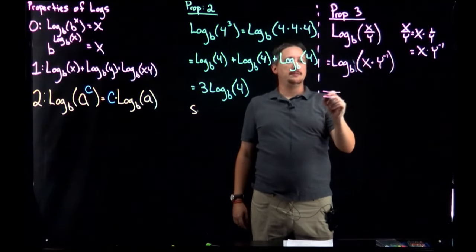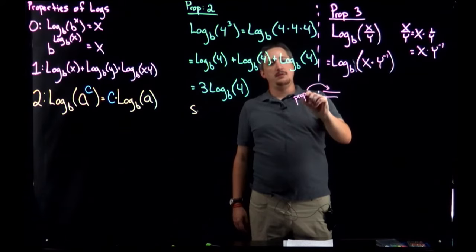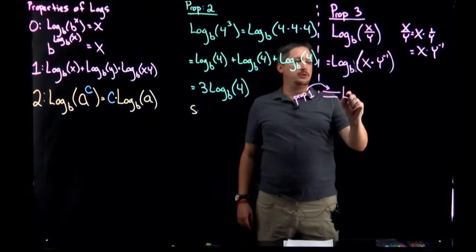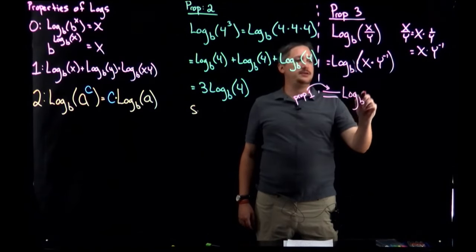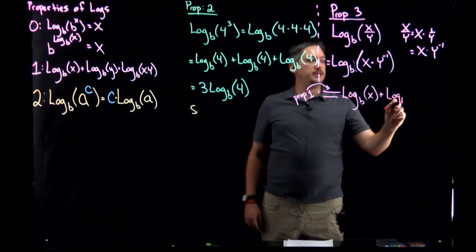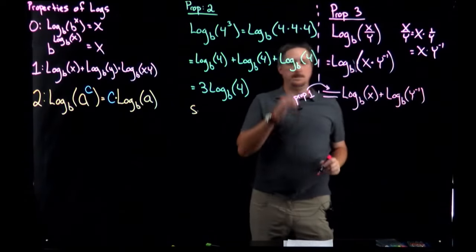So by property 1, I can make this into log base b of x plus log base b of y to the minus 1.